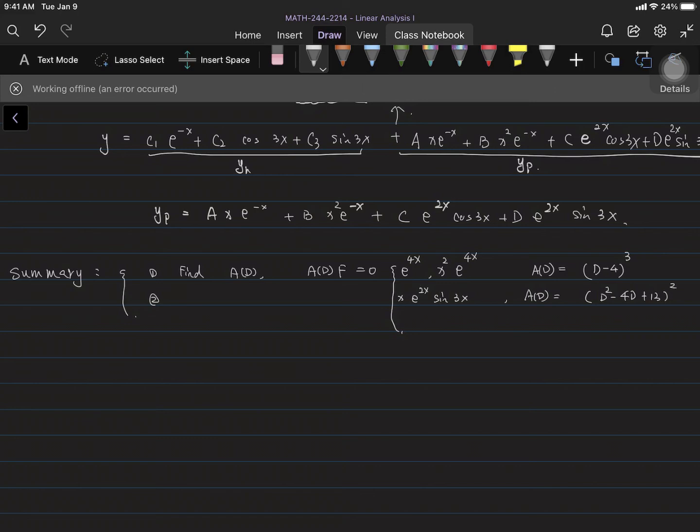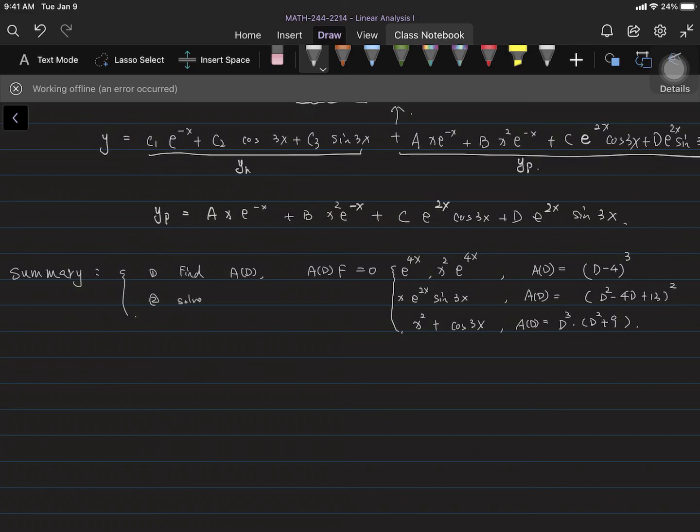And if we have x squared plus maybe just cosine 3x, what is AD? AD is going to be the product of their corresponding annihilators. For x squared, it should be D cubed, and times D squared plus 9. Something like this.